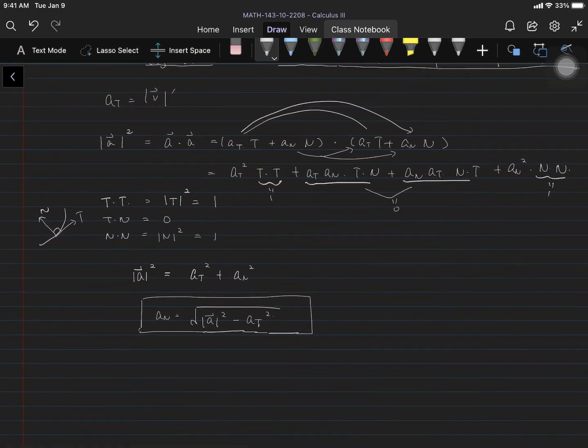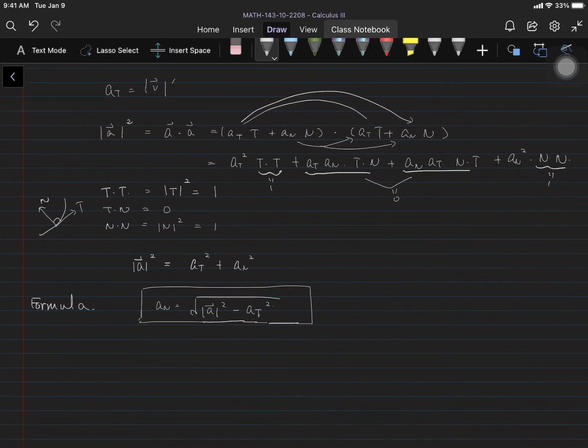So this is given by the formula. In the future, we can always use this formula to calculate a_n. For a given problem, the most important part is to calculate a, and then calculate a_t. We also need the length of a, and just using the formula, we can find all the components.